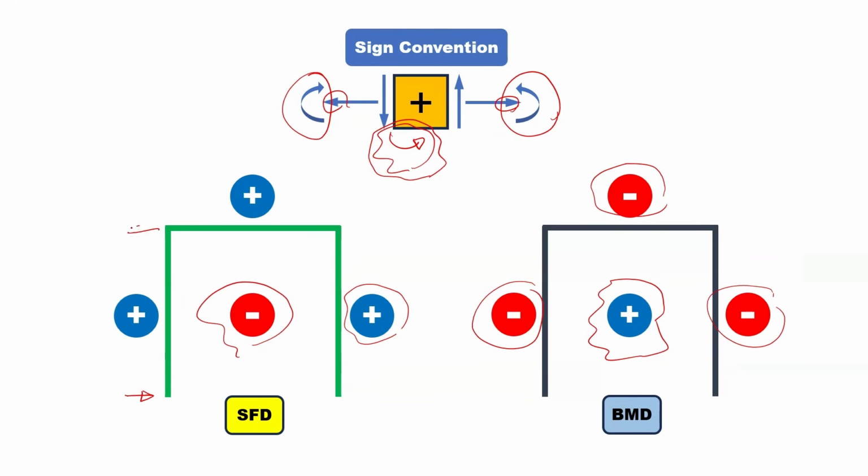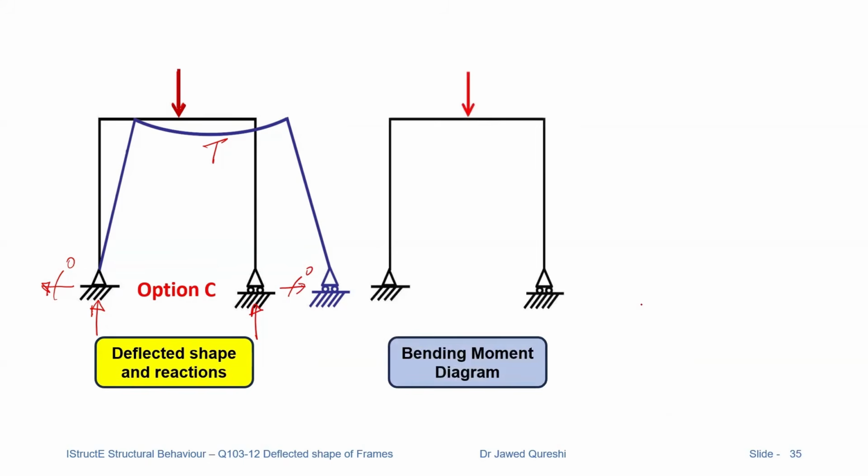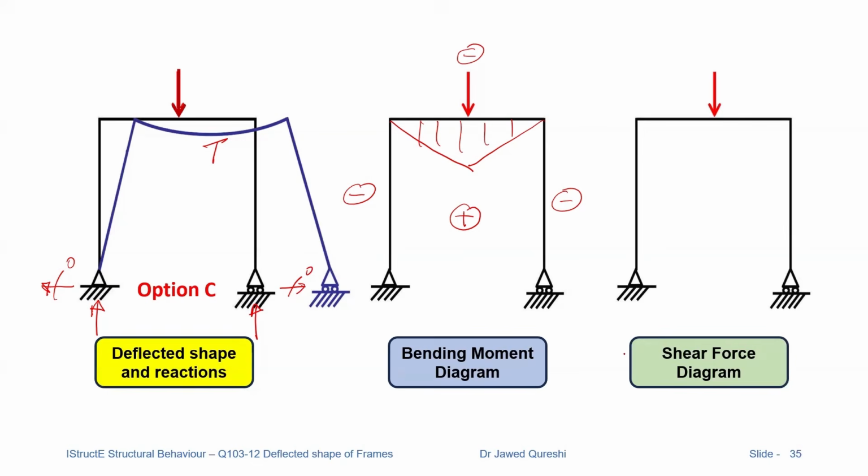Anti-clockwise shear force is like this. It will generate anti-clockwise moment and it has to be drawn outside the frame. Now, how do we draw its bending moment diagram? It's very simple. We have a point load applied, so bending moment diagram will only be in sagging. So remember, we draw negative moments outside, and the reactions are like this.